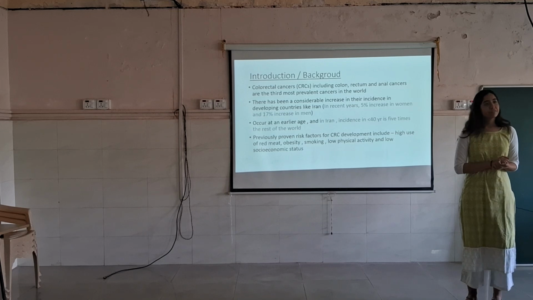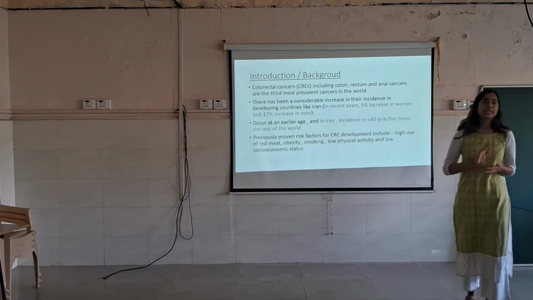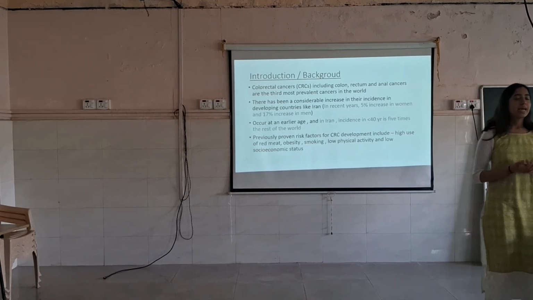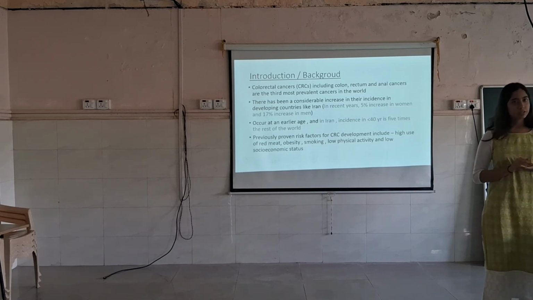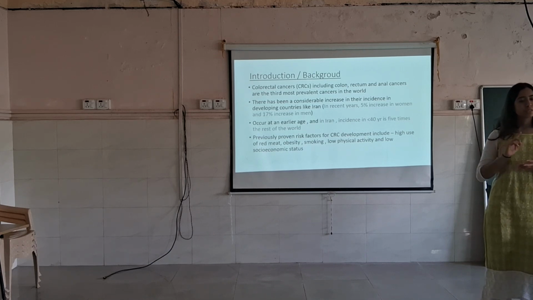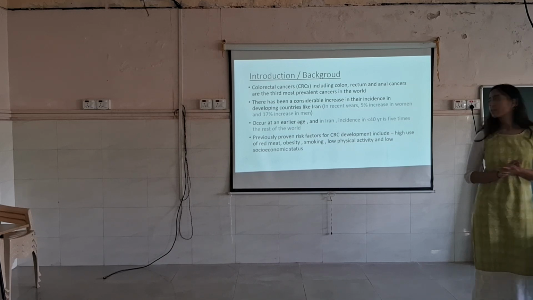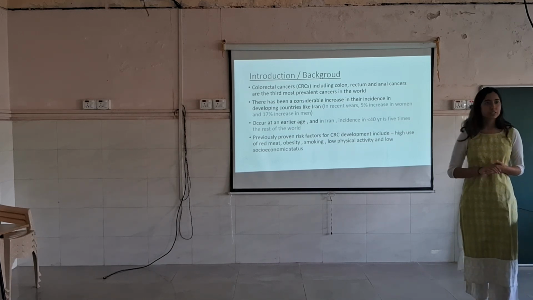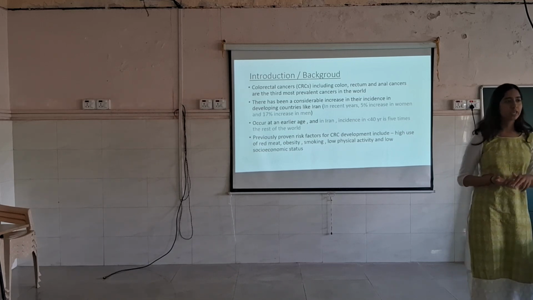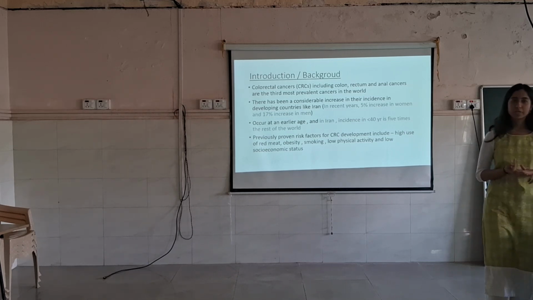Now in Iran, they found that the incidence has been increasing over the past few years, and usually the mean age at which incidence occurs is 50 to 70 years, but recently incidence has been occurring in people of a younger age group. There are also some known risk factors for CRCs, which are smoking, consumption of red meat, and obesity.